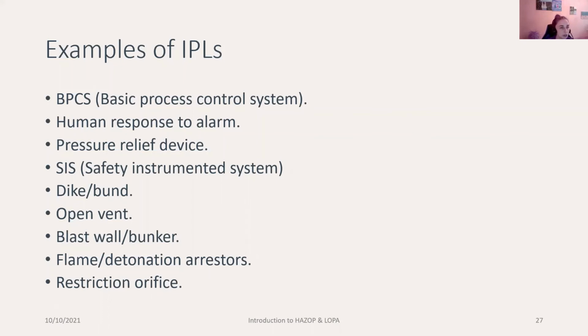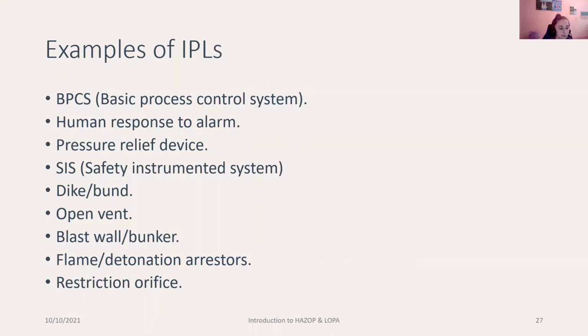So why do we call them IPLs? There are a few requirements. First, the safeguard must be independent of the initiating event, such that a failure associated with the risk will not cause the safeguard to fail. Also, the safeguard must be testable and verifiable using industry standards. It must be specific in detecting a potential hazard and taking action to prevent the hazard from occurring.